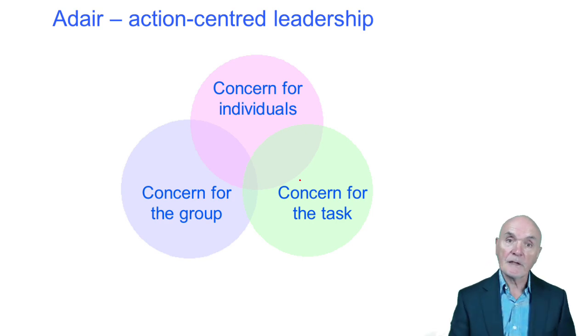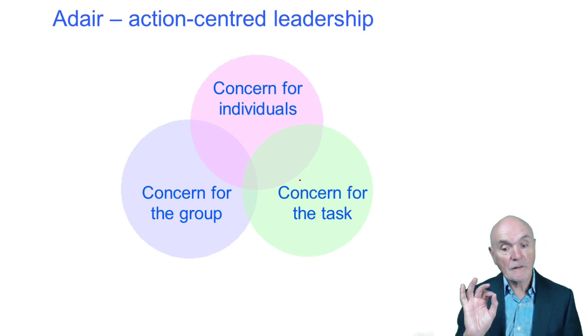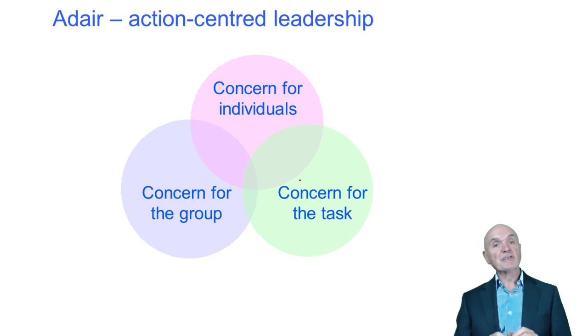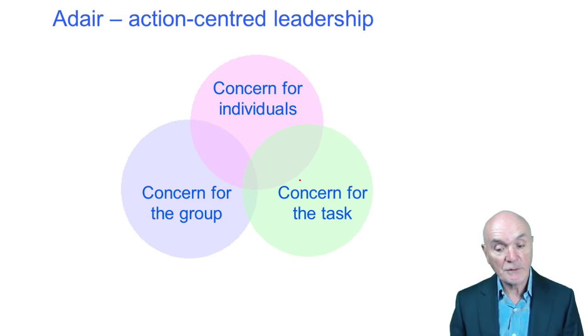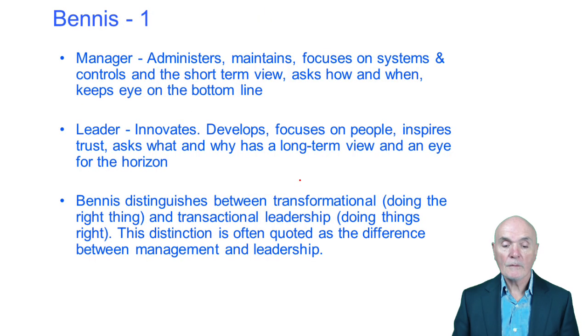Sometimes it's the group that needs to be motivated and turned on. Sometimes there might be a single individual who's having a problem and you have to give attention and help to that person. Sometimes the whole project might be falling behind, and what you need to do is look at the task and ask how can we catch up, how can we improve what we're actually doing.